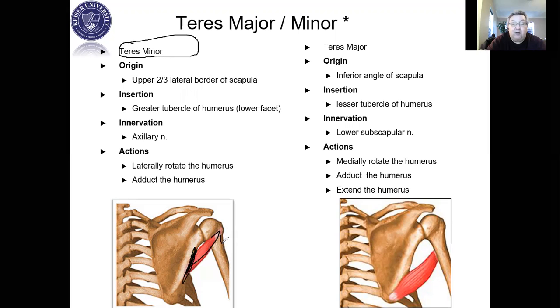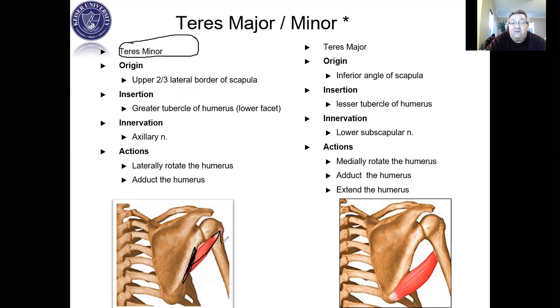So now we've got three muscles that attach to the greater tubercle: supraspinatus, infraspinatus, teres minor. And again, they go in order.